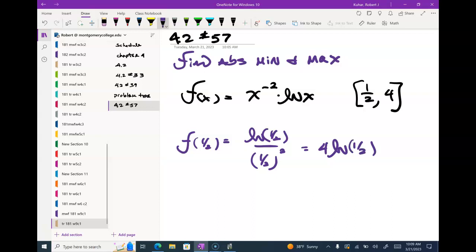You can get the decimal for yourself, but I already know that ln of 1/2 is negative, right? So this is some negative number. I want to find f at 4. So I get the ln of 4 over 16.